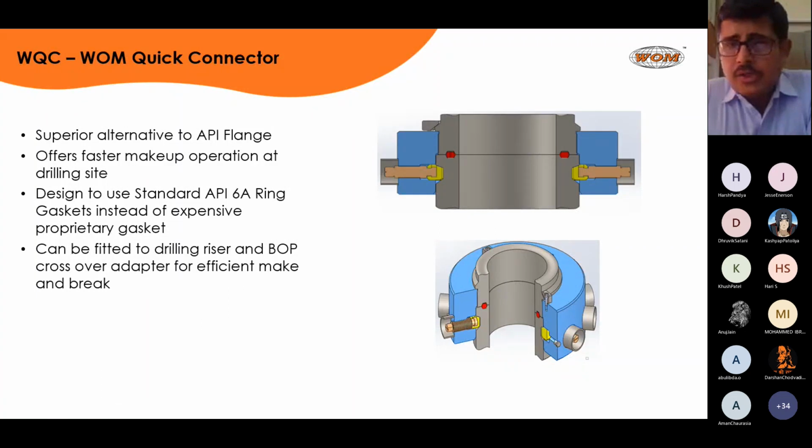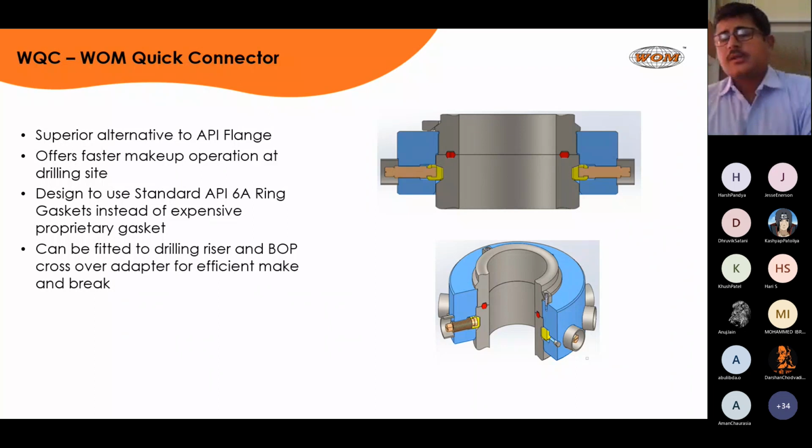So I can install my adapter on the vendor's part in a few cases if the designs are common. And this can be fitted to the drilling riser and BOP crossover adapter for efficient makeup and break.